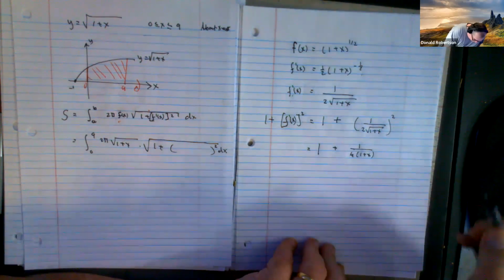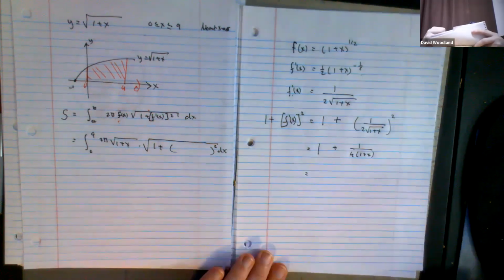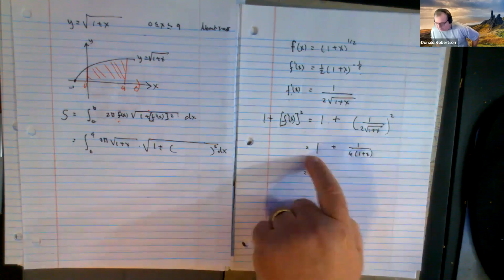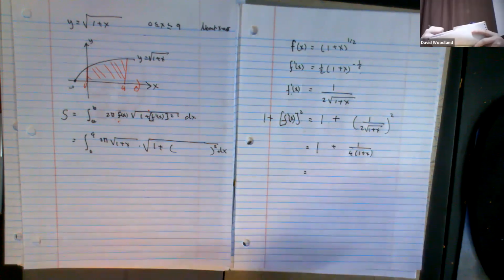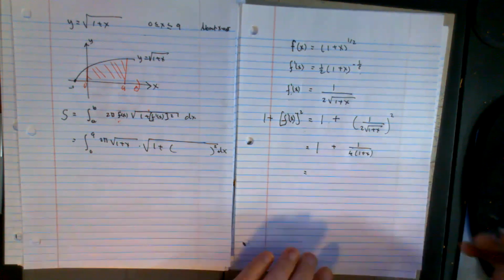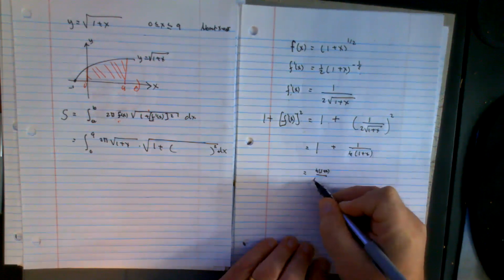So it's not a perfect square. What am I going to do next algebraically? Because the algebra is the killer in these questions. Do you think I'm going to leave it this way, or am I going to do something? Add them together by multiplying both sides of the 1 by 4, 1 plus x. Okay, so you've got this guy.